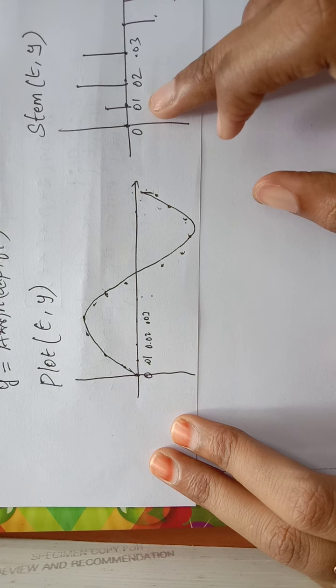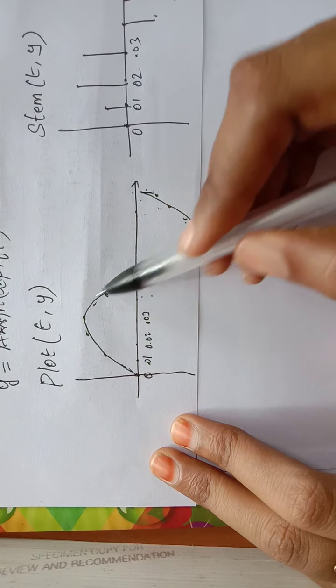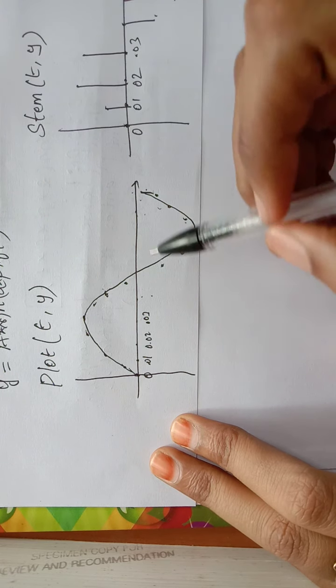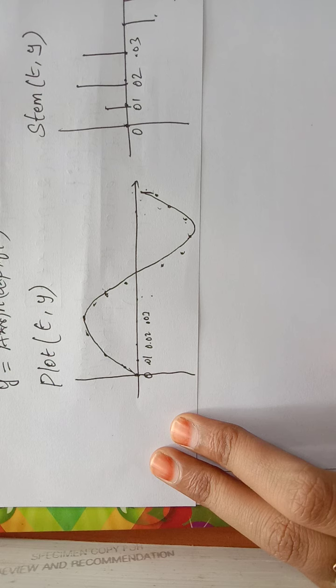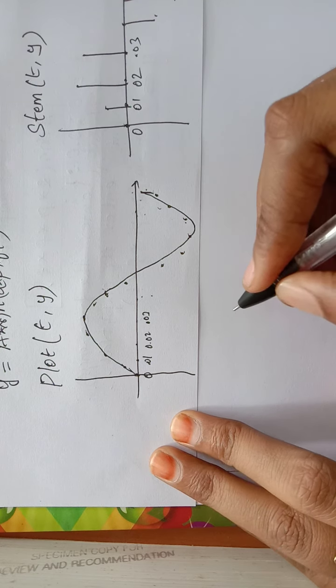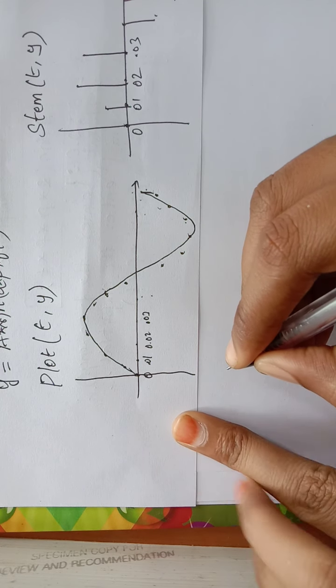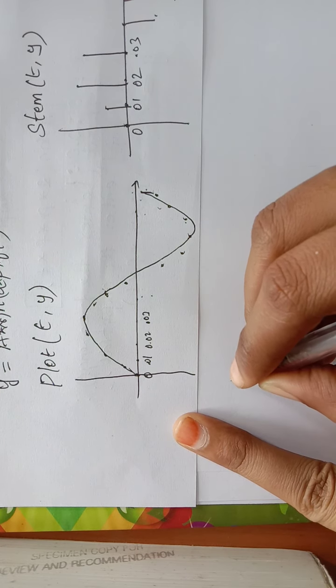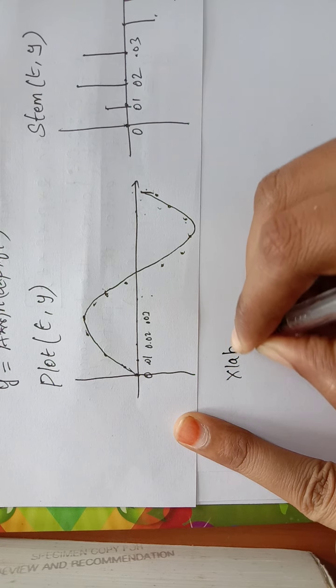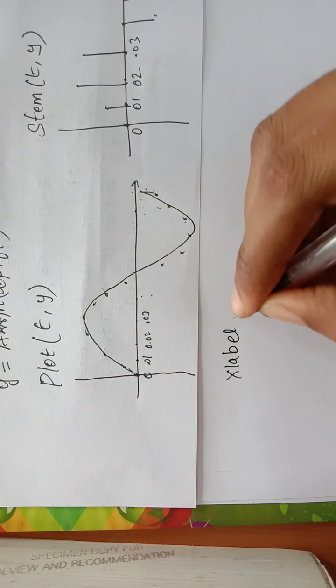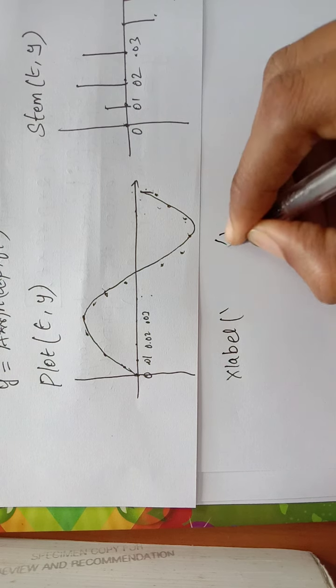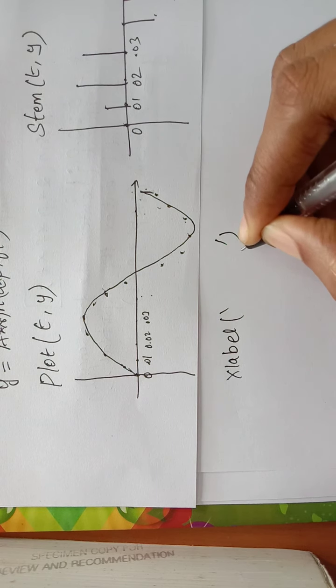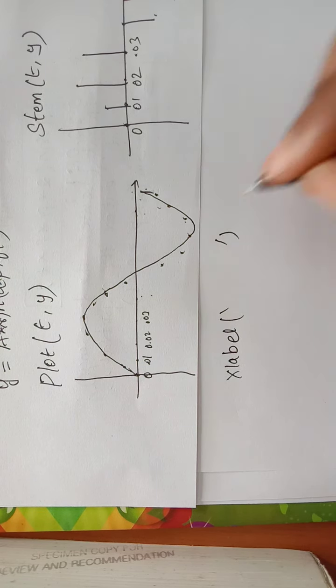Okay, now I have plotted this signal. I need to label it. Normally, while drawing a graph, you label the axes. In order to label the axis, you have a function known as xlabel. Within the parentheses, you need to give the message you want to show on the axis.